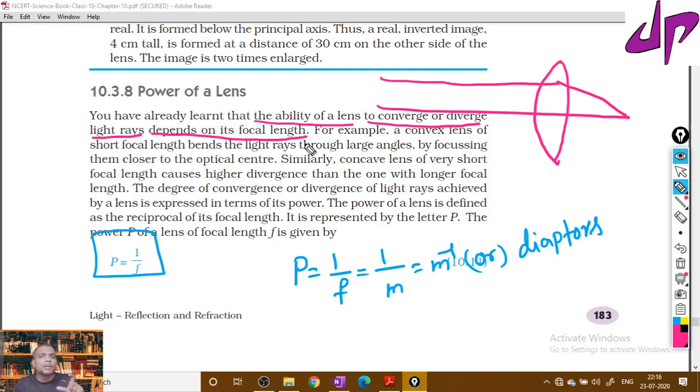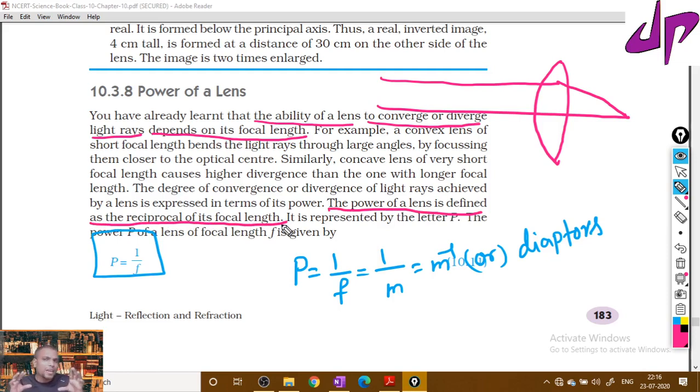This power depends on the focal length, and the focal length depends upon the size of the lens. So as a simple definition, the power of a lens is the reciprocal of its focal length.